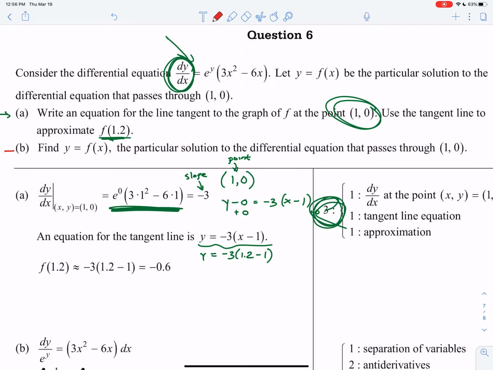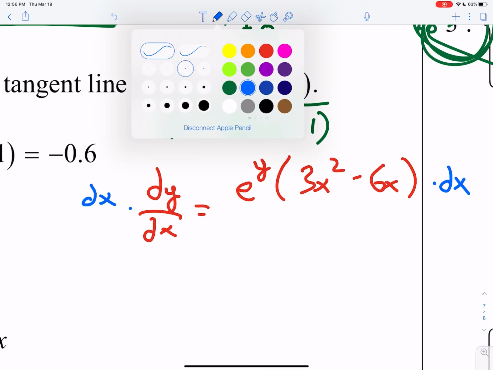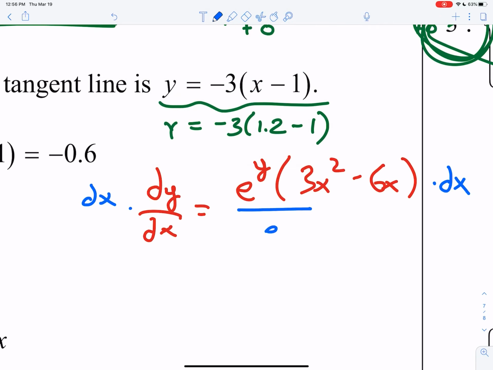Here we go. The last part, particular solutions. I'll jump straight to it. We have dy/dx equals e to the y times 3x squared minus 6x. So remember, in this setup, the y's have to stay on the left. So I would have to multiply the dx over. And on the right side, I have a y term, e to the y, so I'm going to divide by that e to the y over to the other side.